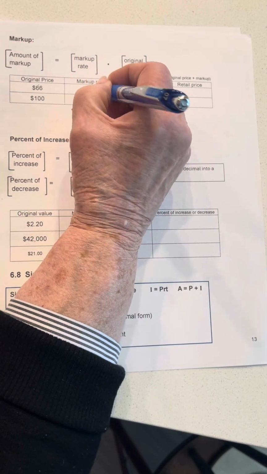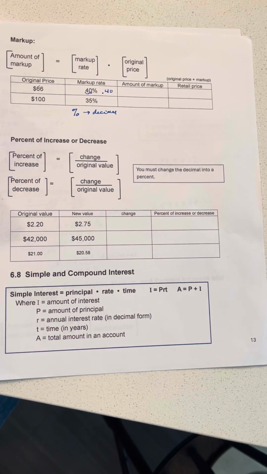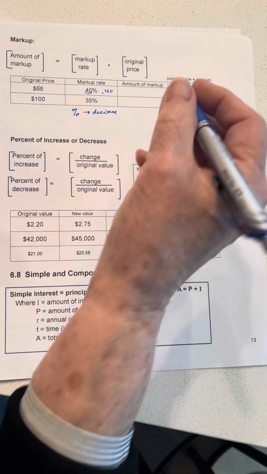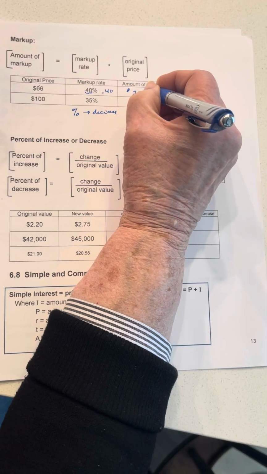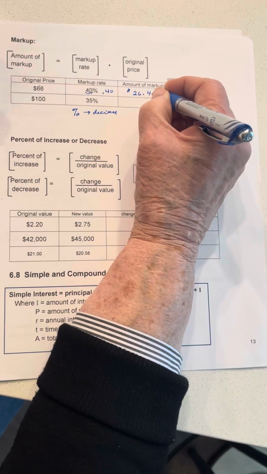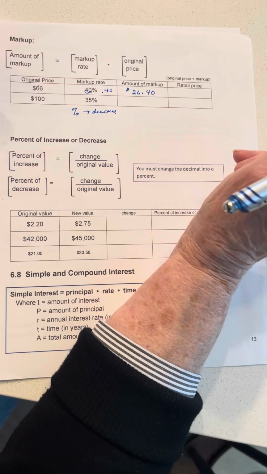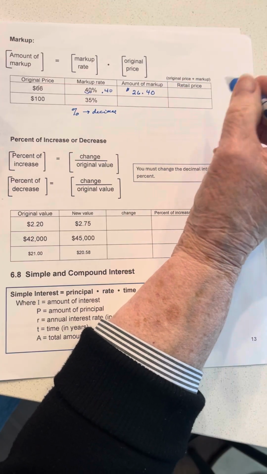We know where the decimal point goes. We multiply to get the amount of the markup. My calculator says that, but we know in money we add that 0 to make 2 digits for the cents, because there's 100 pennies in a dollar.